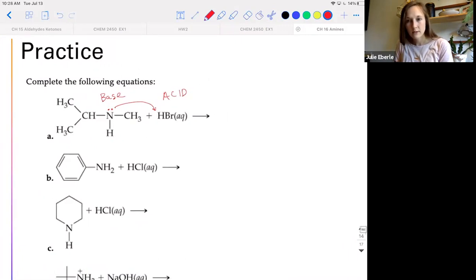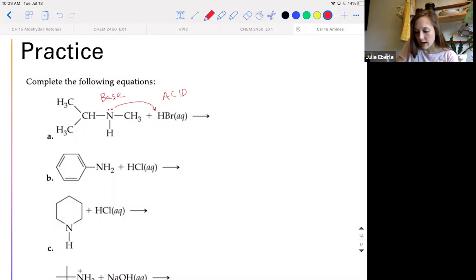Okay, who's got the products? What is this, by the way? This is N-methyl isopropylamine.